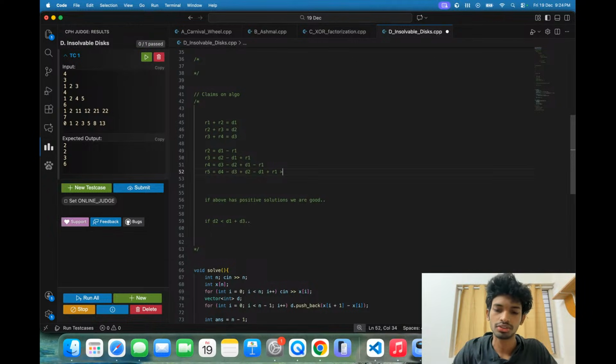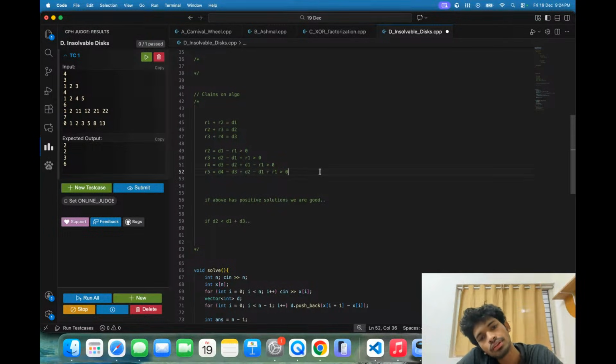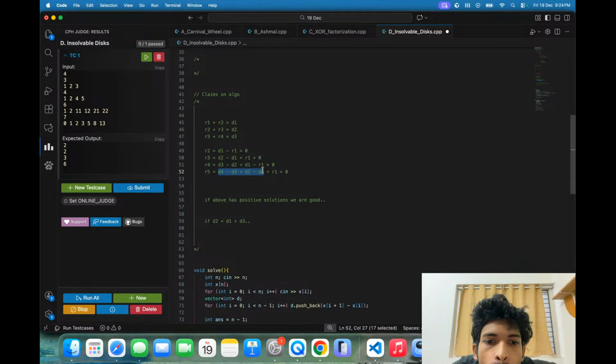We want all these things to be greater than 0. And if all of them are greater than 0, we are done. Why? All of them are greater than 0 and all of them match perfectly, so all of them touch perfectly. So what does that give us?